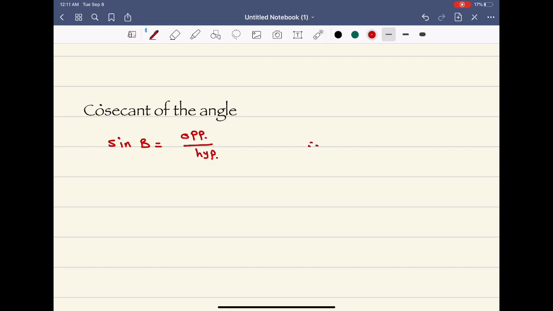Therefore, the reciprocal of sine B, 1 over sine B, equals hypotenuse over opposite. The reciprocal of sine B is called cosecant and denoted by cosec. Cosec B equals 1 over sine B.